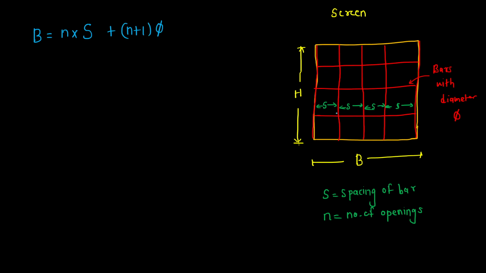If you look carefully to understand how this equation came, see there are these two bars. So I am drawing the bars now bigger, like this. This s distance is the clear distance, so from the end parts of the bar we are taking the distance. However, between these two bars there is a certain distance here.